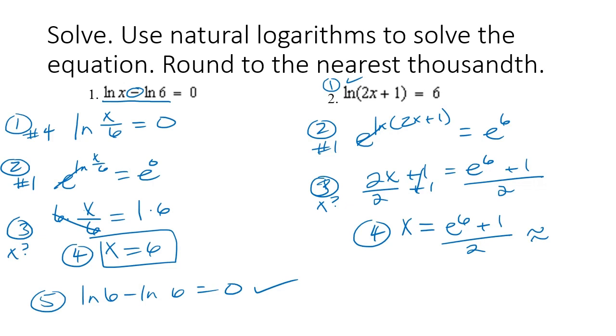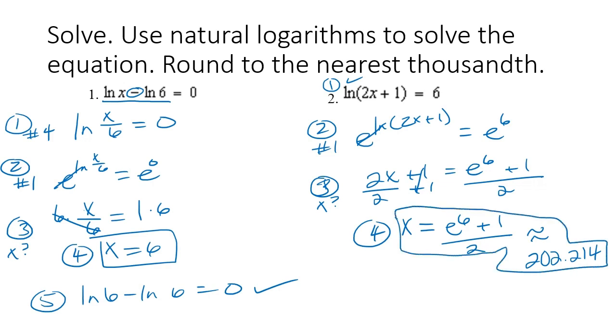And we end up with a fairly large number, approximately 202.214, rounded to the nearest thousandth. Okay, so that's our exact and our approximate.